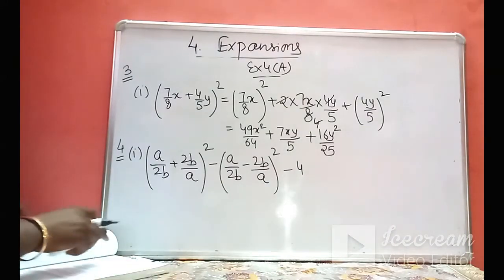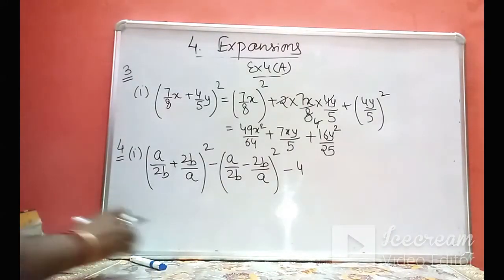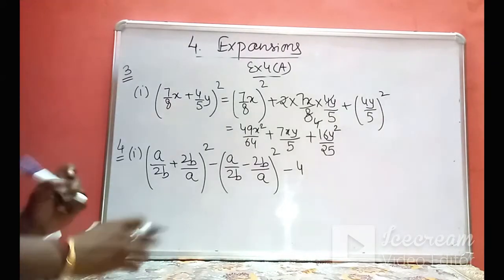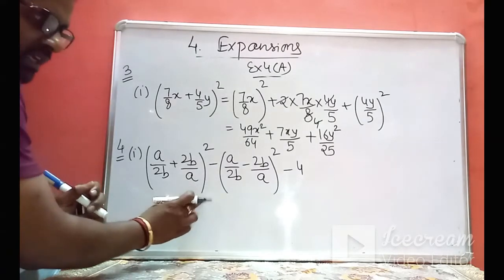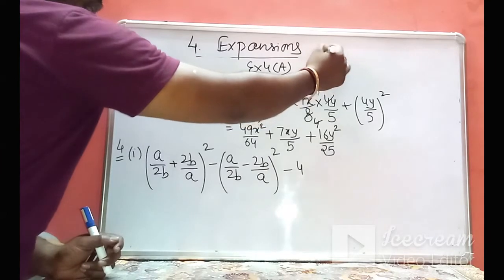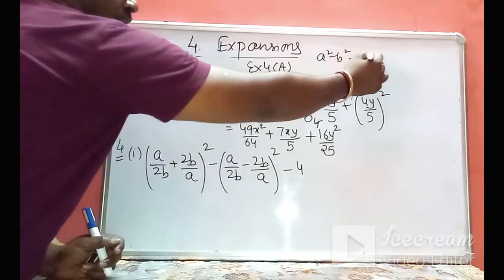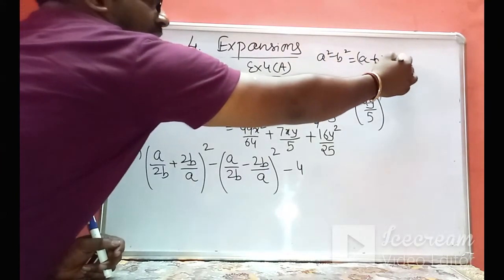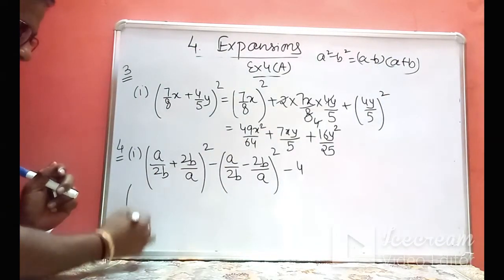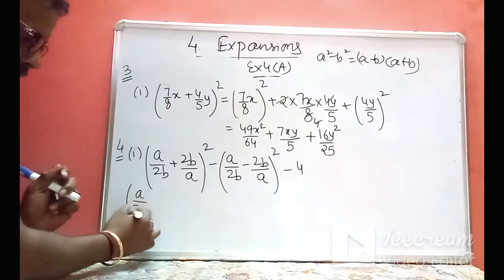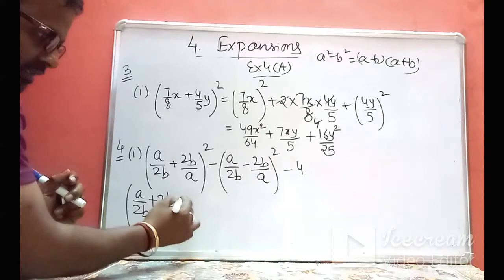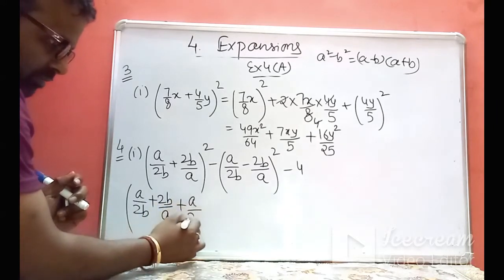Okay, so what I am going to do in this question, actually, see, if I just see this part, this is like a square and this is like b square. So the identity a square minus b square we already knew, (a minus b)(a plus b). So I will use this identity like this: a upon 2b is our a and 2b upon a is our b.